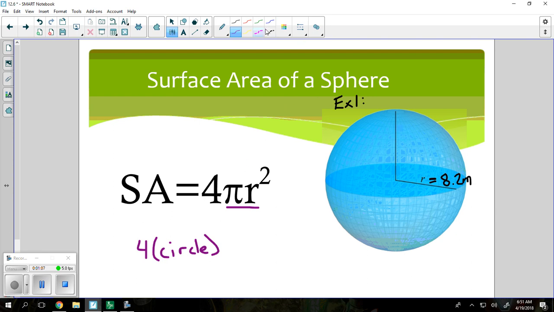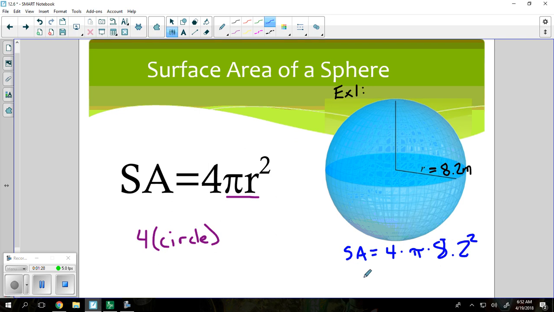So for example 1, we would simply say surface area will equal 4 times pi times 8.2 squared. Grab your calculators, practice typing that in, 4 times pi times 8.2 squared. We'll keep going to the nearest tenth like we have most of this chapter.